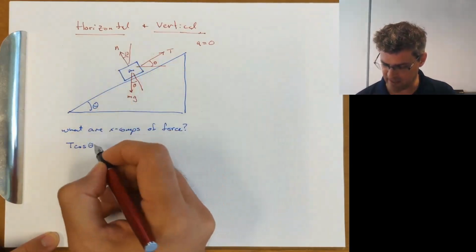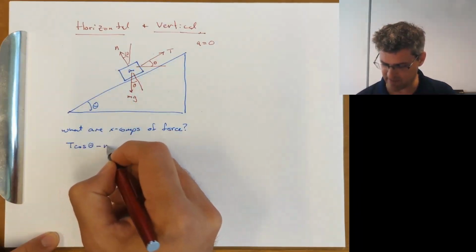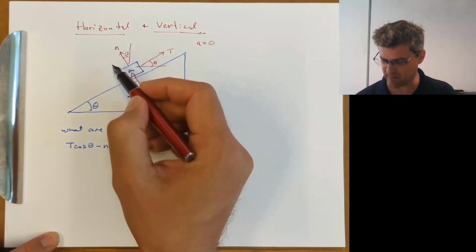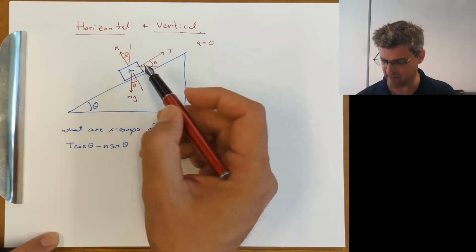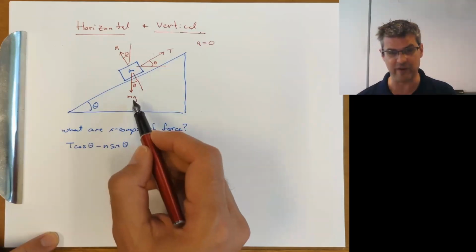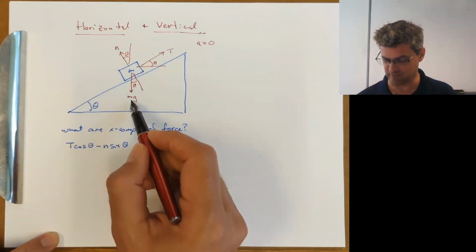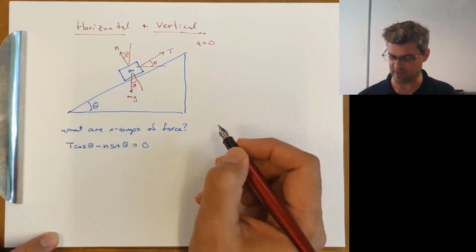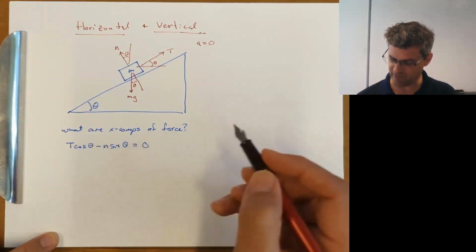I see N sine theta to the left. Do I see any other components of force to the right or to the left? I have a weight force, but the weight force is only down. Okay. So this is equal to 0. These are the x components of force.